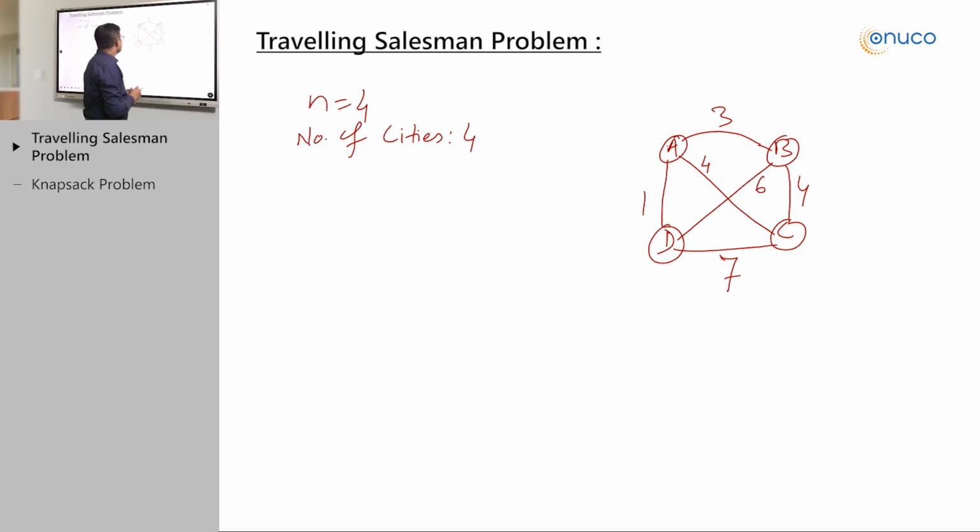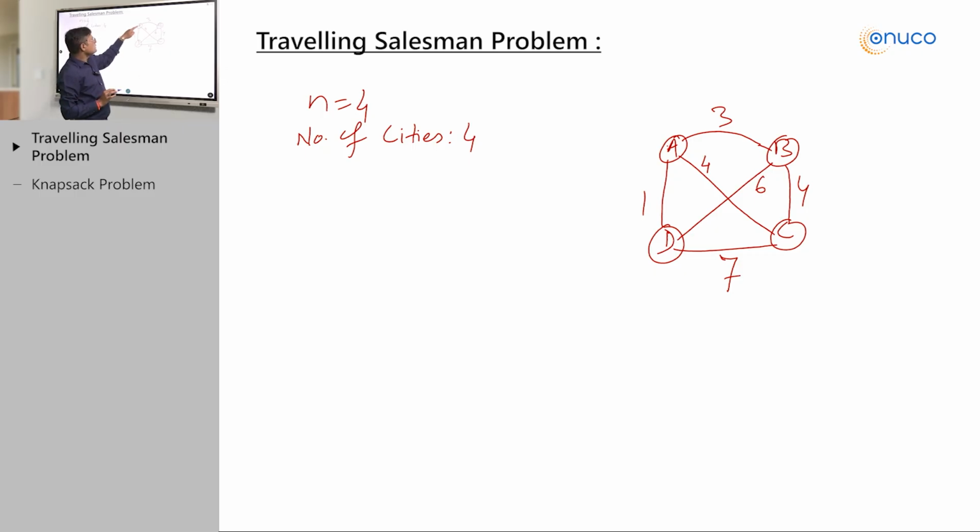Now, what will be the traveling salesperson's tendency, or postman's tendency? The traveling salesperson will have a tendency to start the journey from one place, visit all the cities exactly once, and come back to the same city, right?